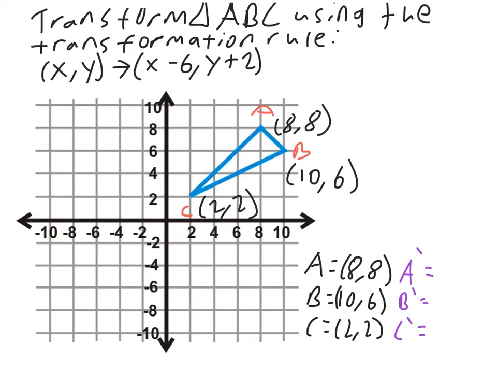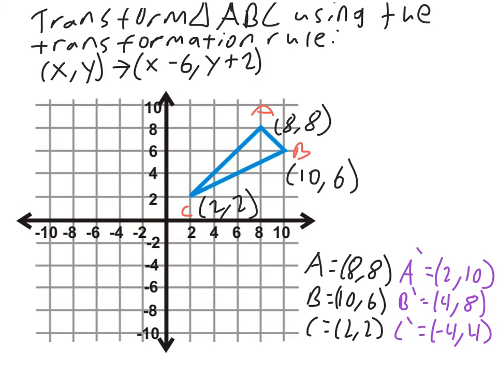So for point A, we have 8 minus 6 is 2, and 8 plus 2 is 10. For B prime, 10 minus 6 is 4, and 6 plus 2 is 8. And for C prime, 2 minus 6 is negative 4, and 2 plus 2 is 4.